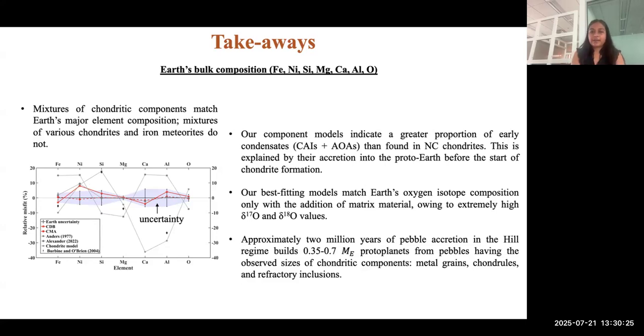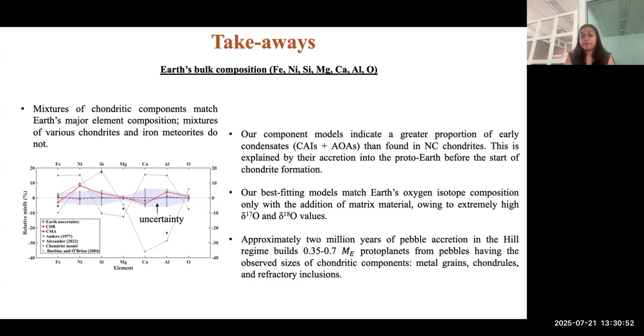Also, interestingly, we find that Earth would accrete a lot of CAIs and AOAs. Those early or refractory condensates are not found at more than, I think, 13%. In some CO chondrites you will find up to 13%, but my best fitting model shows 13 to 15%.